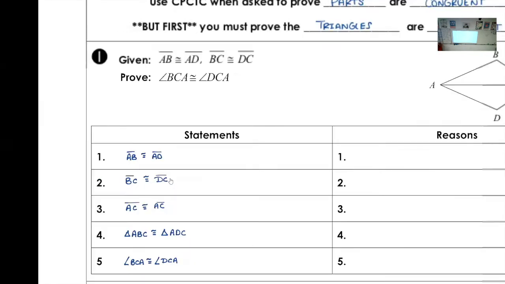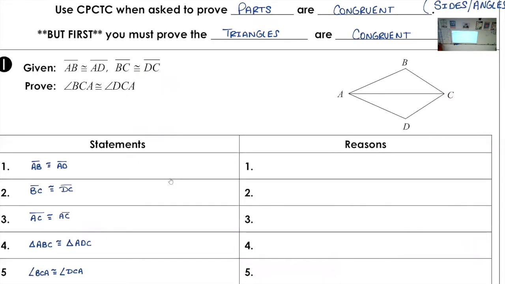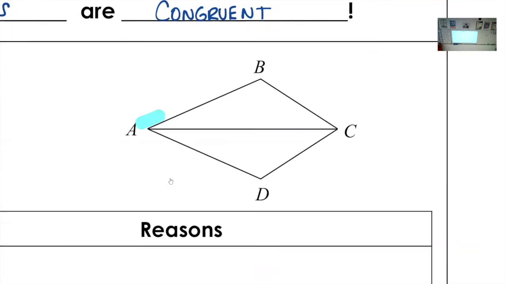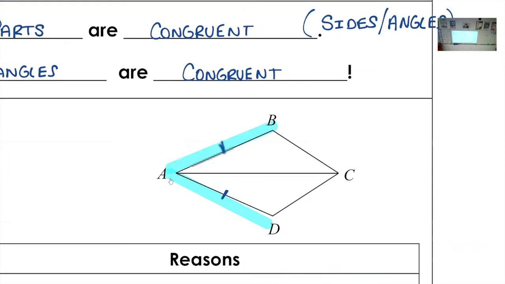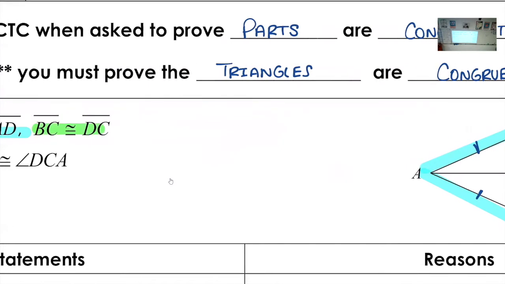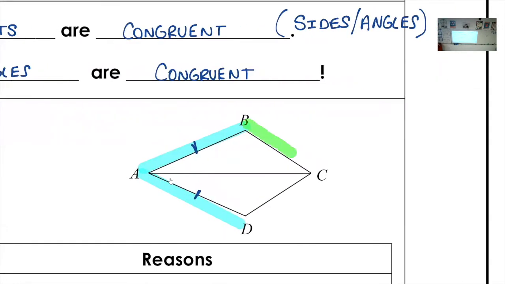Right, so here we go. Number 1, AB is congruent to AD. Let's mark that on our diagram, a little single tick mark. What's our second piece? BC to DC. And we know that AC is going to be congruent.